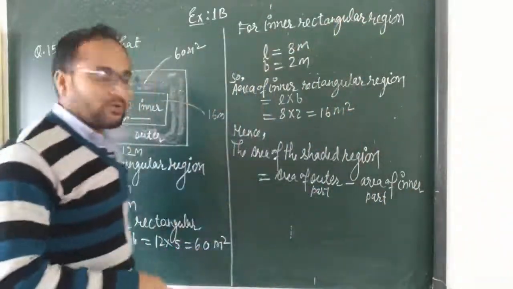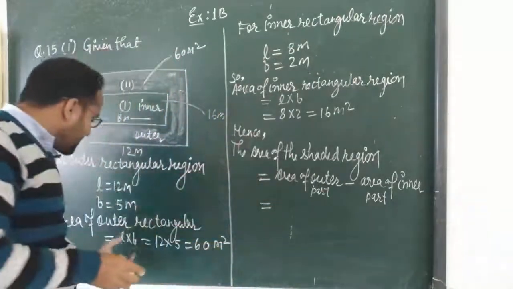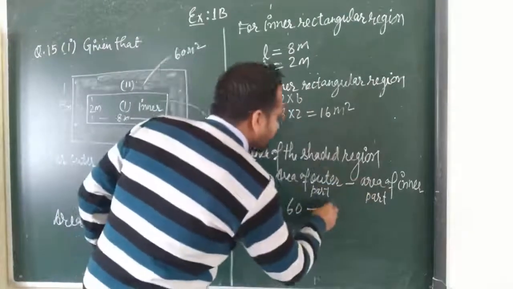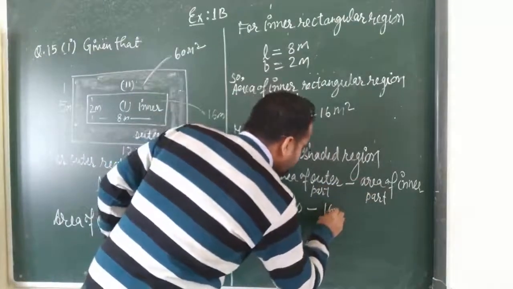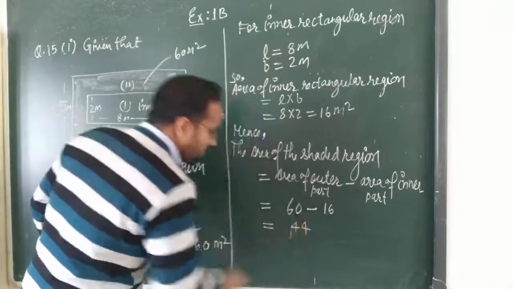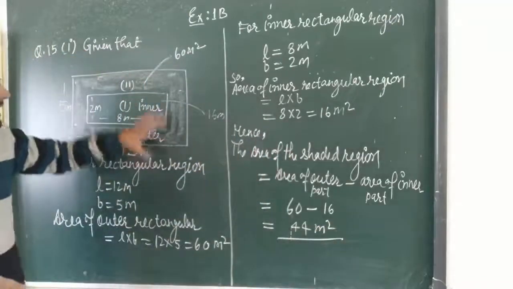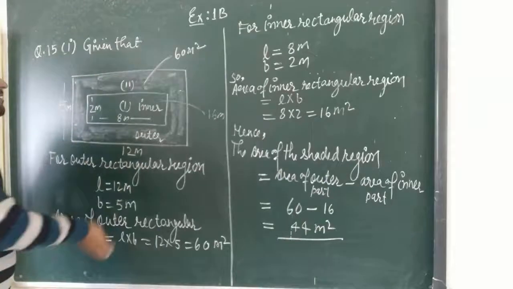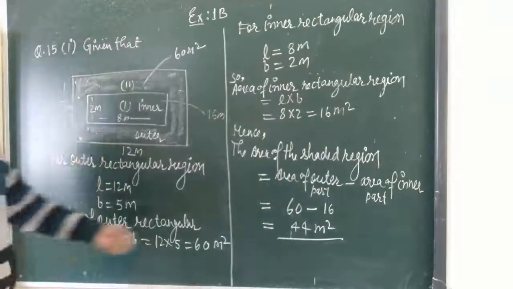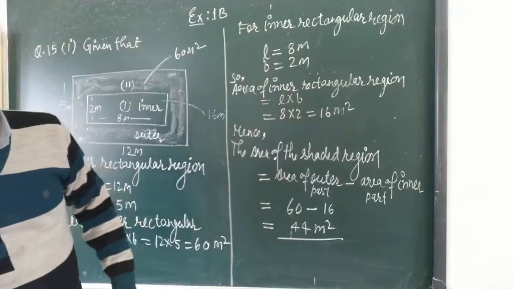Okay students, don't confuse this one. Area of outer part means outer rectangle is 60, minus area of inner part, which is 16. If you subtract this, 60 minus 16 is 44 meter square. So 44 meter square is the area of this shaded region.